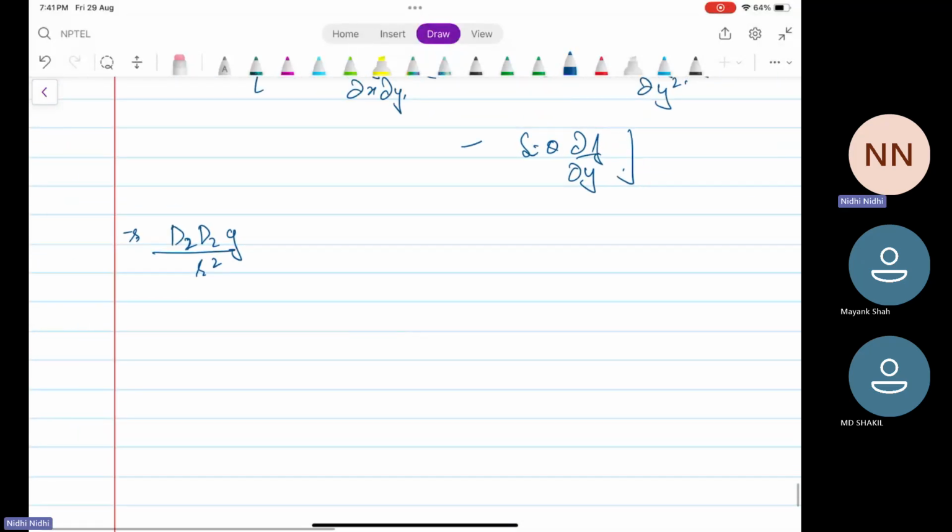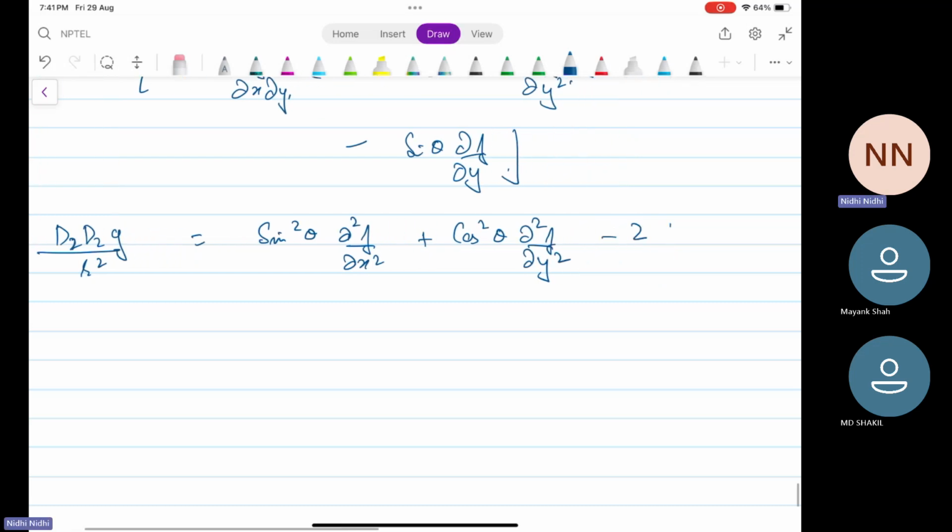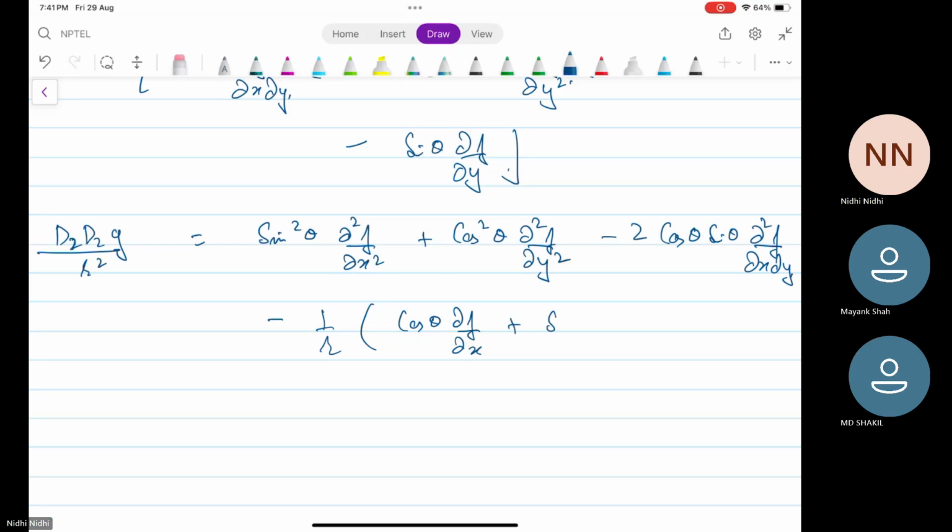So this will be sine square theta del 2f by del x square plus cos square theta del 2f by del y square minus 2 cos theta sin theta. You just need to simplify the above terms. We'll get this minus 1 upon r cos theta del f by del x plus sin theta del f by del y.